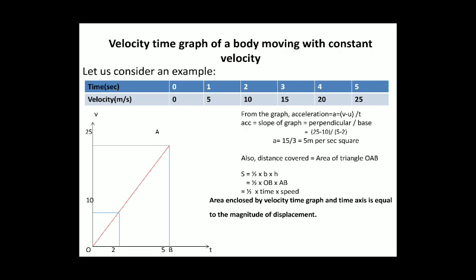It means the area enclosed by velocity time graphs, as you have seen in the previous slide, and here also the area under the graph, that is the area of a right angle triangle, half into base into height, both give us the distance covered, or you can say magnitude of displacement.